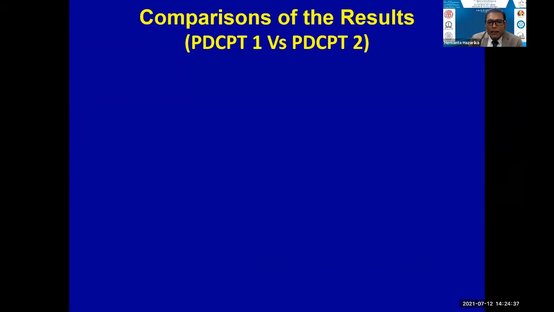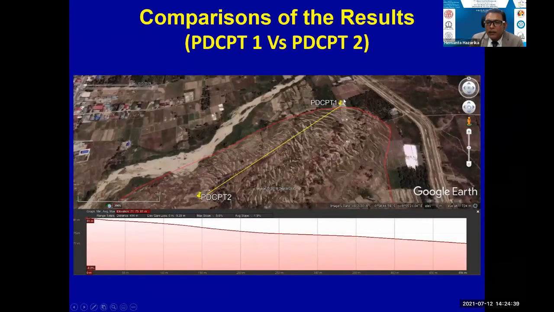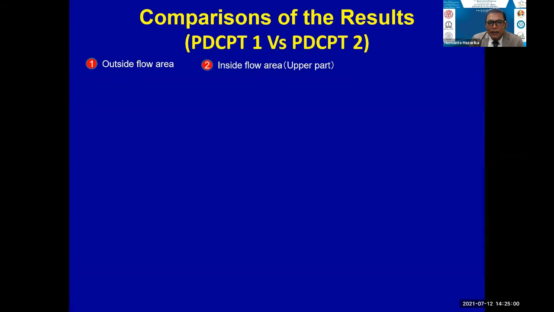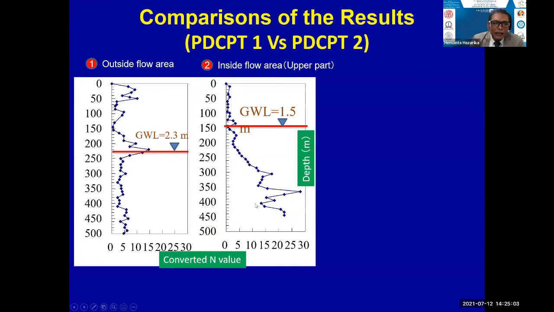And let us compare the results outside the flow area and inside the flow area, which is about 494 meter apart, with an average gradient of about 1.9% here. So one is outside, one is inside. This is the outside one, which I already described. This is the inside one.